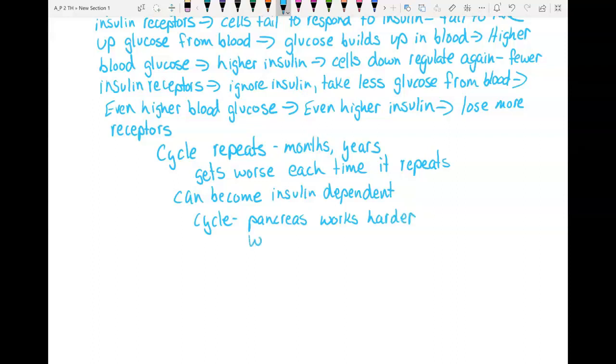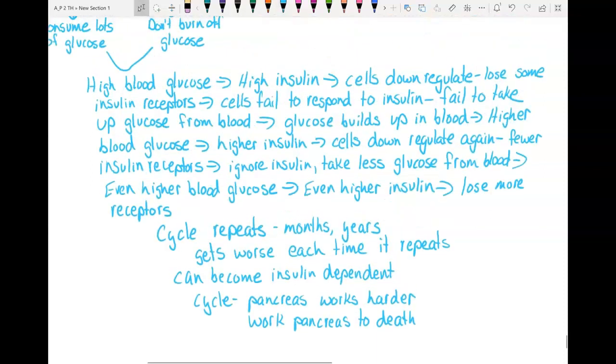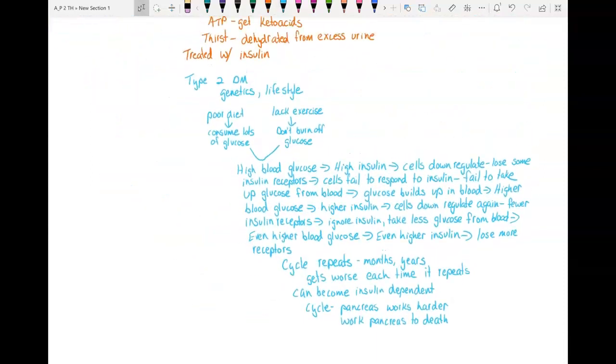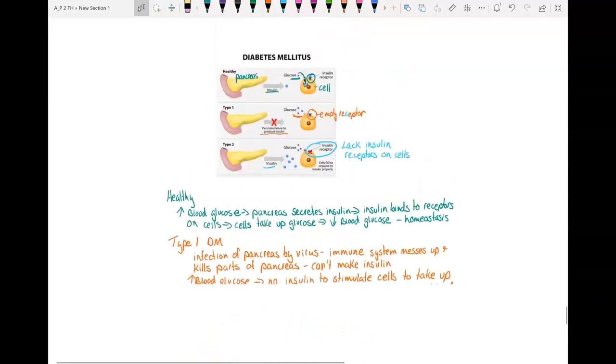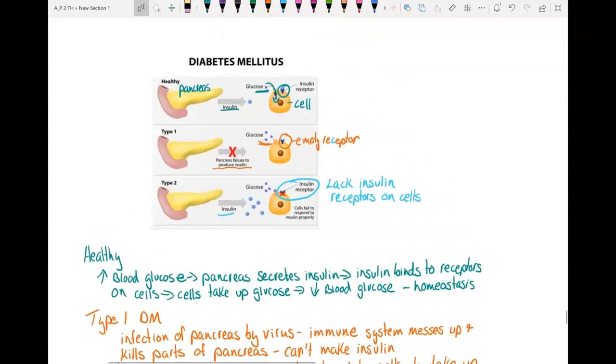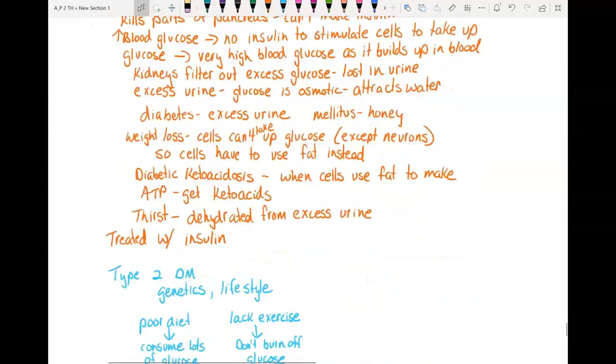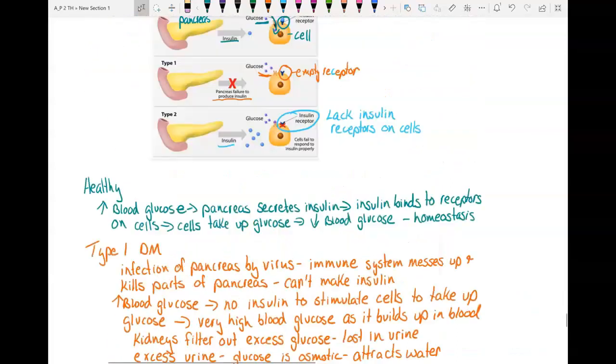And you can actually work your pancreas to death and then become insulin dependent. So that is type 2 diabetes mellitus. So hopefully now diabetes and why those symptoms of diabetes occur makes sense.